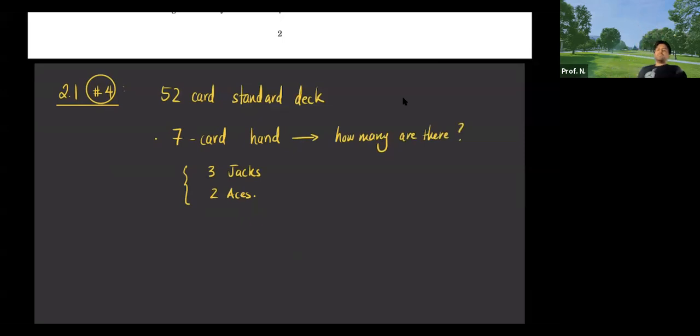So how do we treat this? How do we view this? How do we approach this? Anybody have an idea?